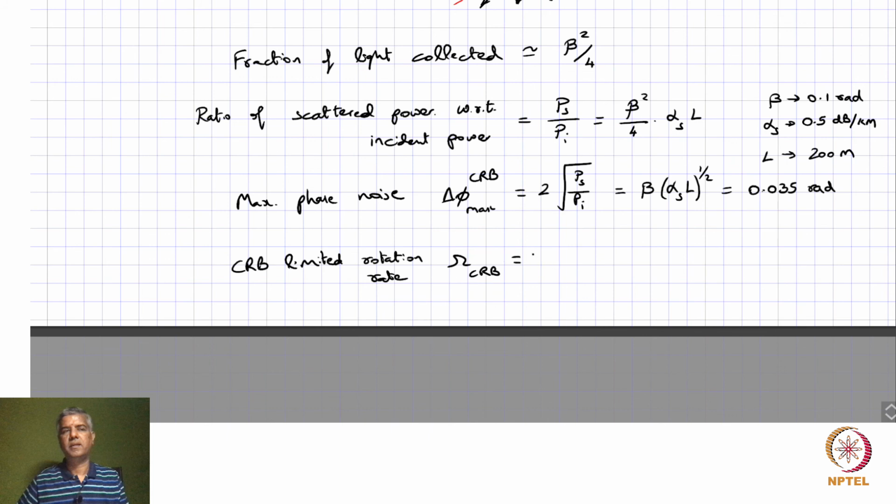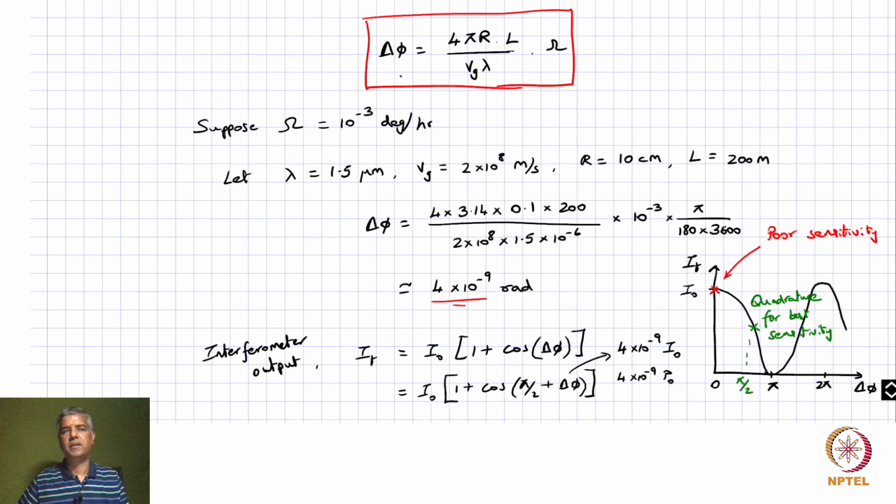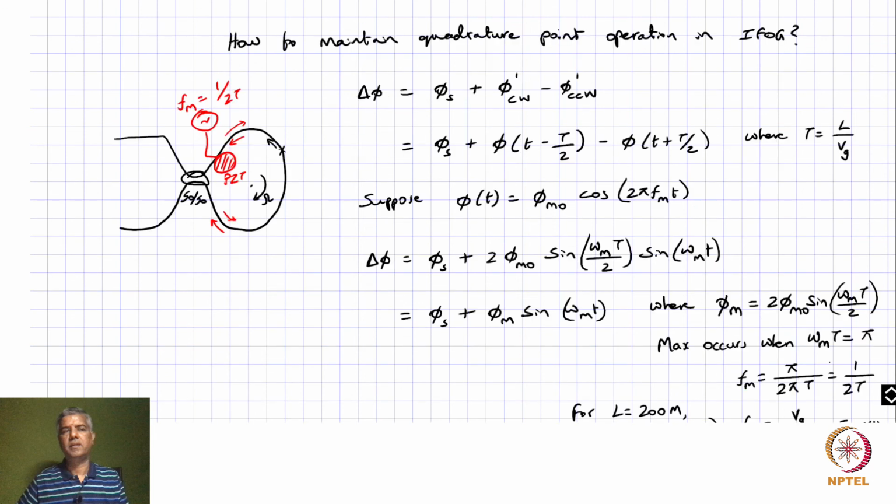To get that, you would essentially go back and look at this expression, right. So, delta phi is given by this. For omega, you can basically invert that. If you know delta phi, you can actually get omega.